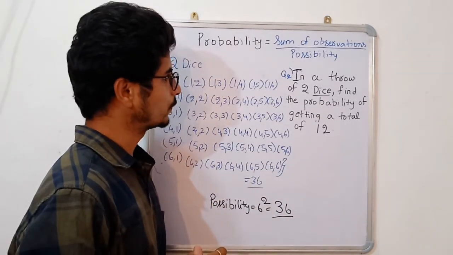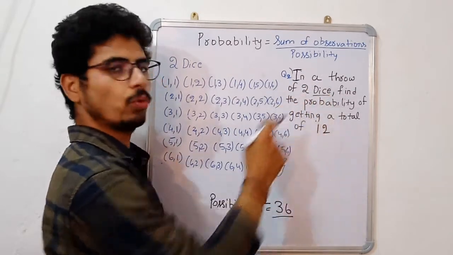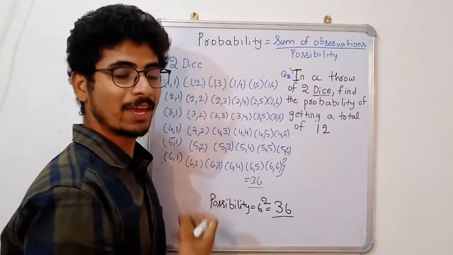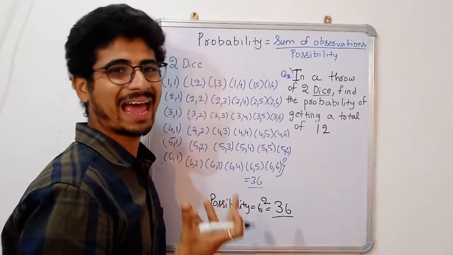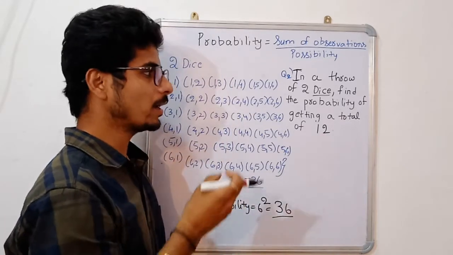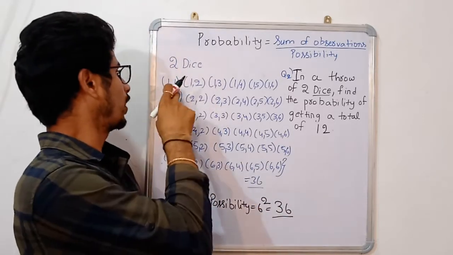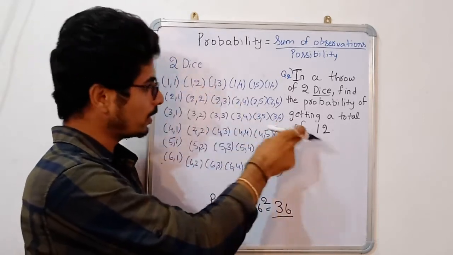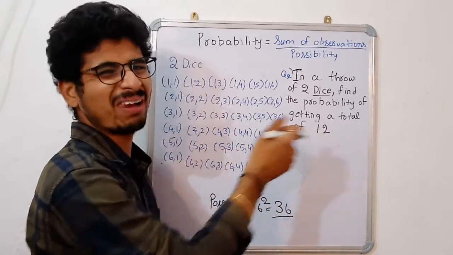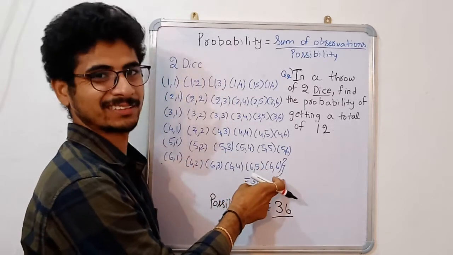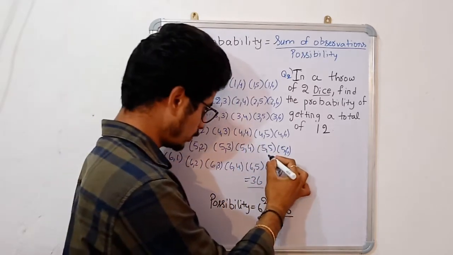Yes friends, see, in a throw of 2 dice, find the probability of getting a total of 12. We need to find the total as 12 when we throw 2 dice, right? So let's see. 6 and 6, the total will be 12.